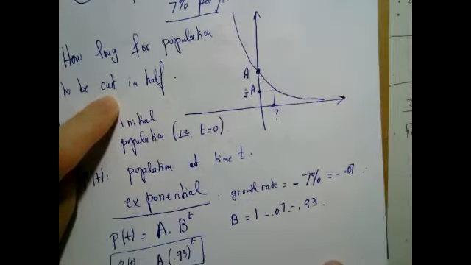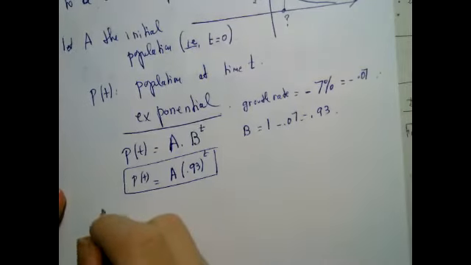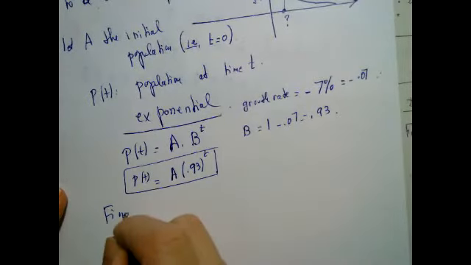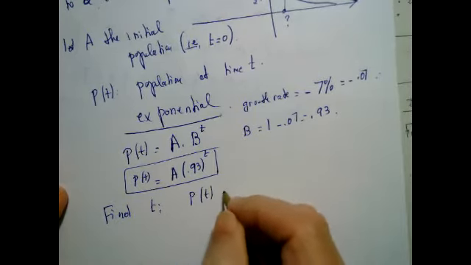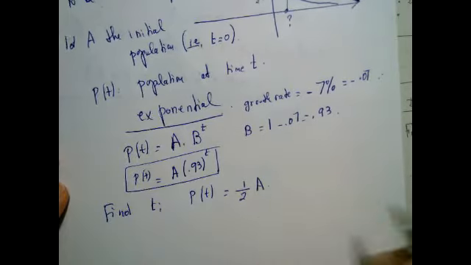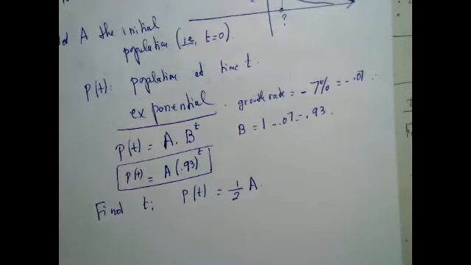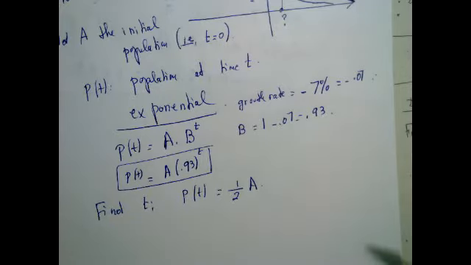So we need to find the time when the population is half its initial value.